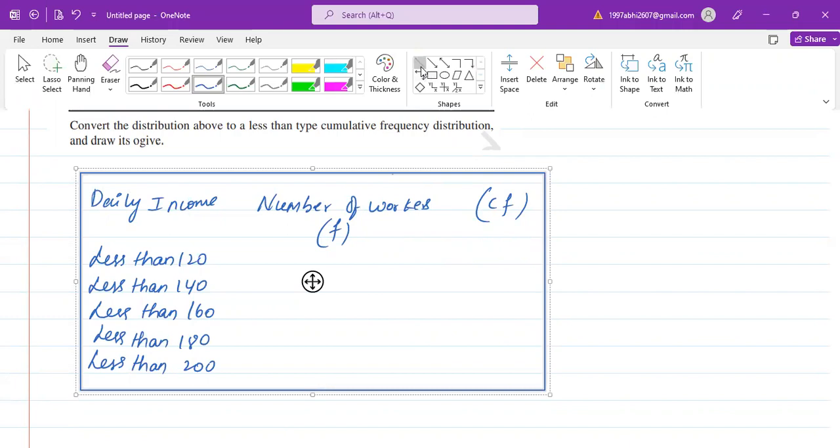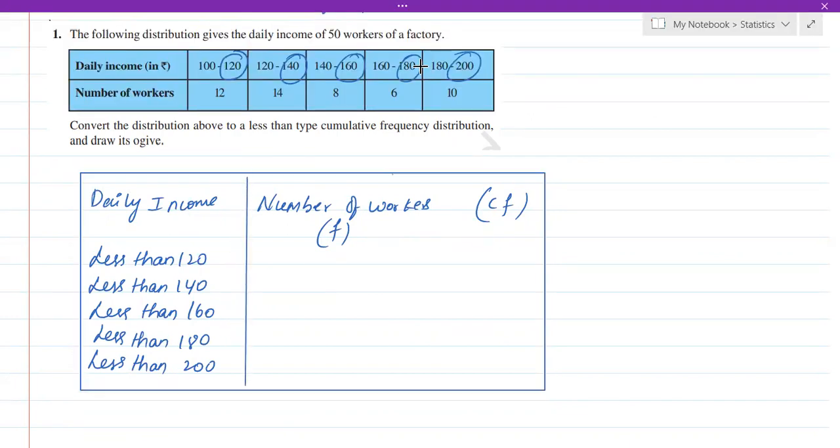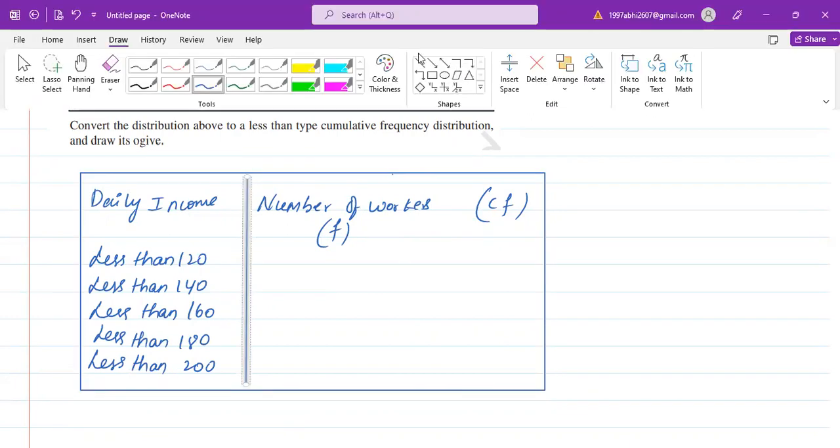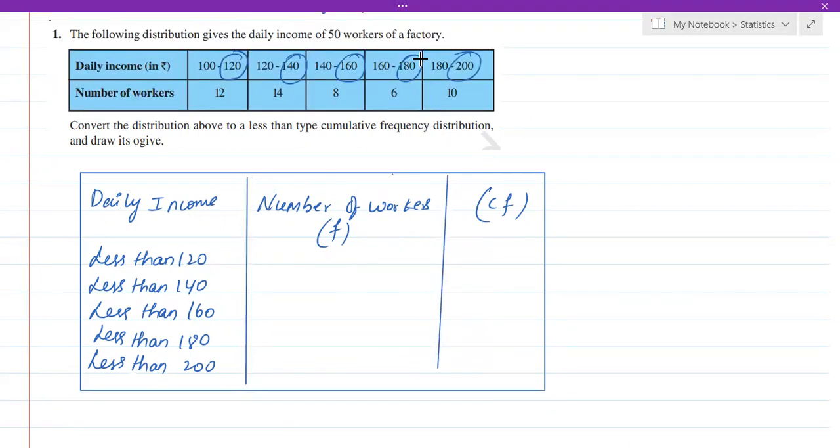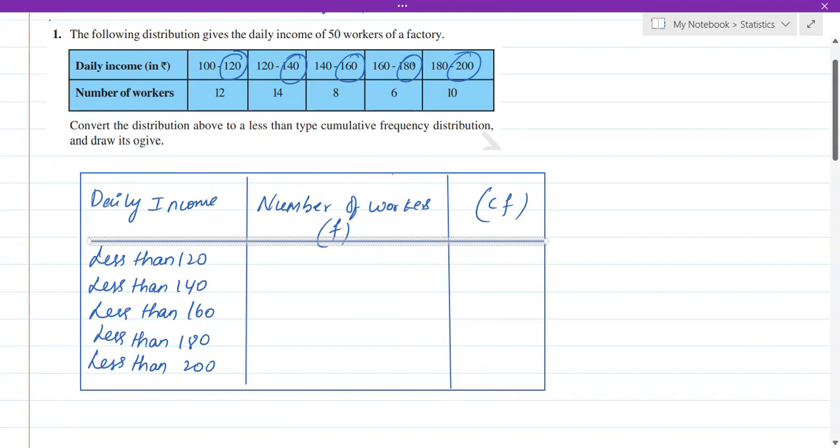Usually, whenever you convert into less than type and more than type, the frequency is not given. Even in median problems, the answer was given below with only the CF, and F was not given. So this F is not required, but let's write it so that we won't make any mistake.